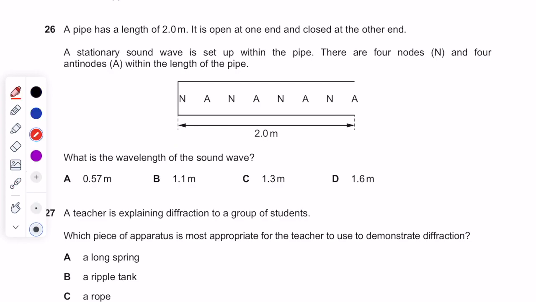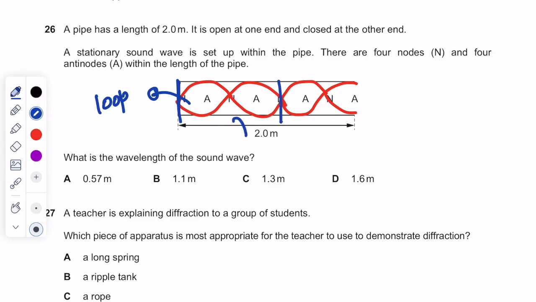Let's try to draw the stationary wave produced here in a more visually appealing way. So here we can see two loops. Each one of these shapes is called a loop, right? So 2 loops is 1 wavelength. Here there is another 3/4 of a wavelength.